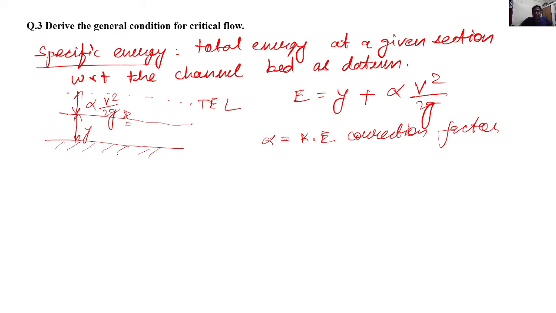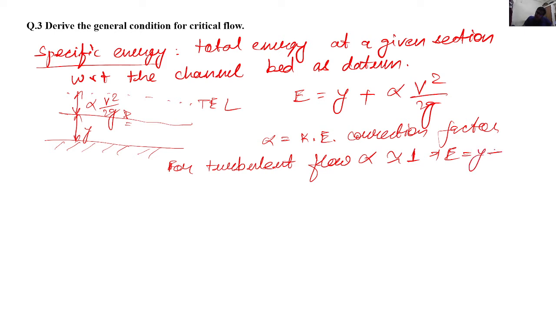However, we know that the flow is mostly turbulent in open channel flows, and for turbulent flows alpha is almost equal to 1. So this implies we can straight away write the specific energy as the summation of these two quantities.